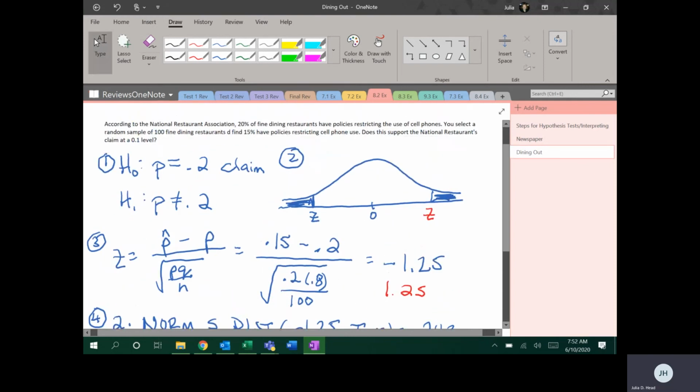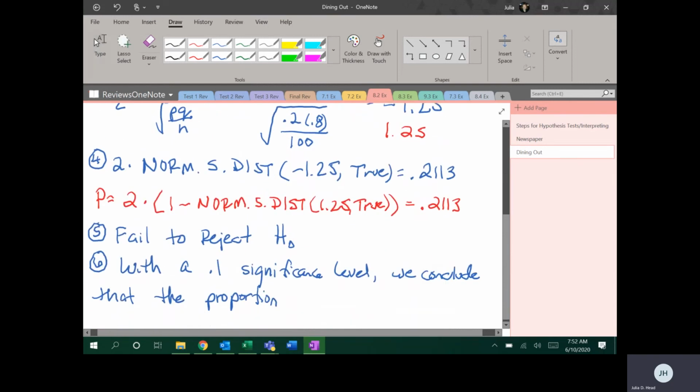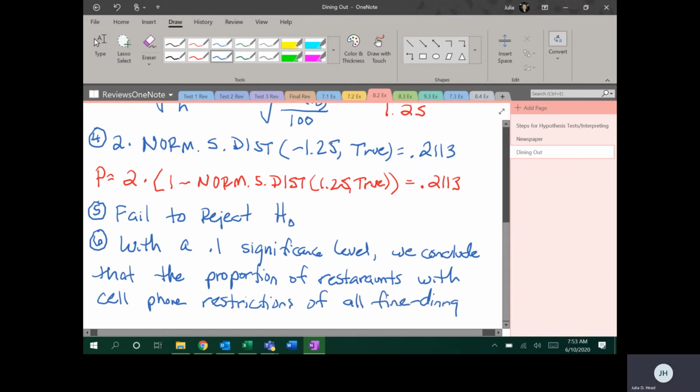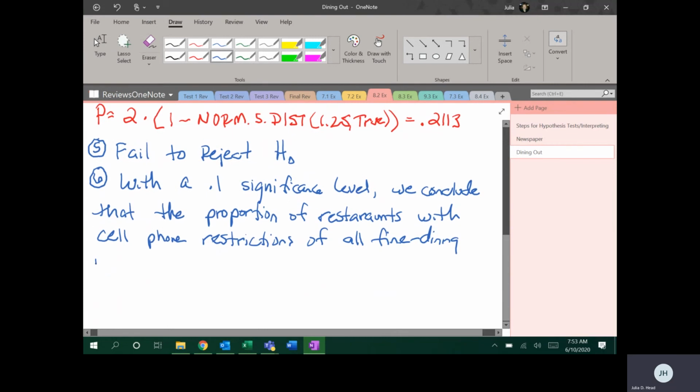We were counting proportion of restaurants that have cell phone policy restrictions or cell phone policies. Then the of all statement, of all fine dining restaurants.